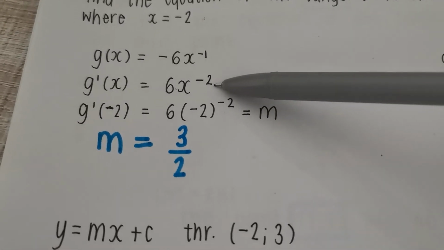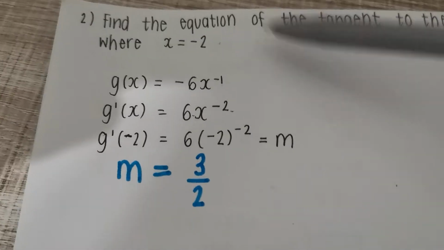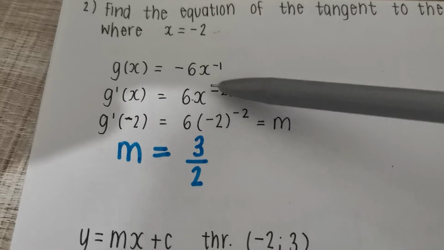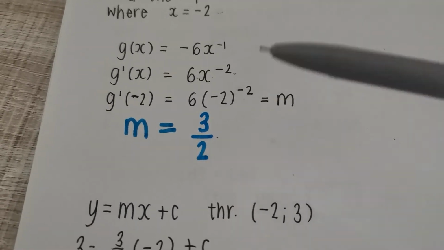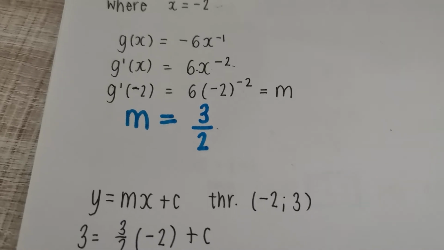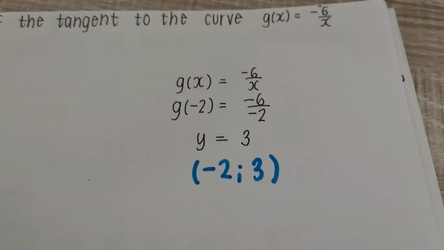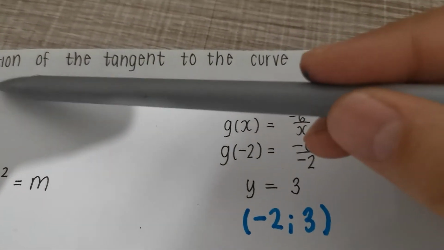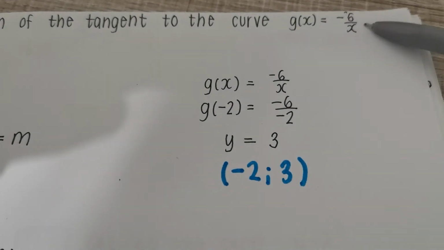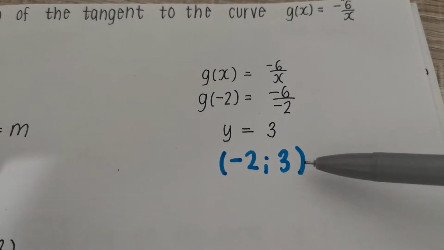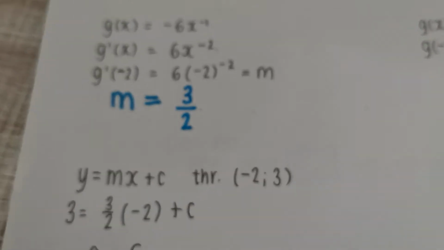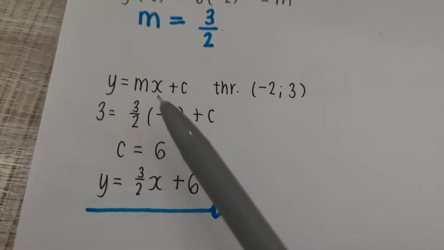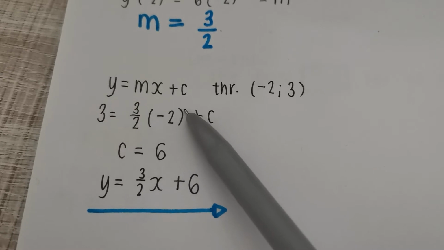Reduce this power by 1. I then take my point given to me and sub it into the place of x, giving me my m value. Now I need to figure out my y coordinate. So I substituted that x value of negative 2 into this equation over here, and I get my value 3. And you can do this all on the calculator. I then sub it into the equation y equals mx plus c.